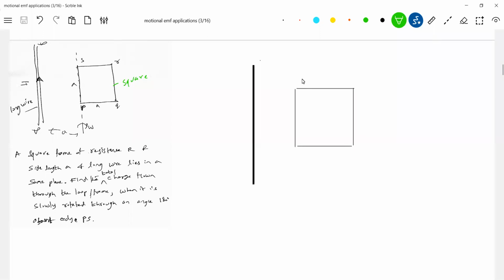There's a small correction in there. Now read the question. So this is 2A. Some misprint occurred.